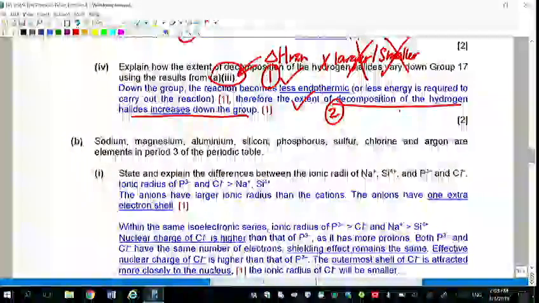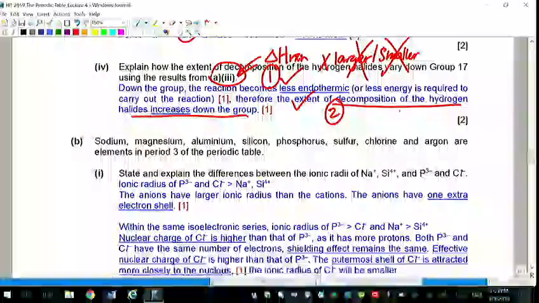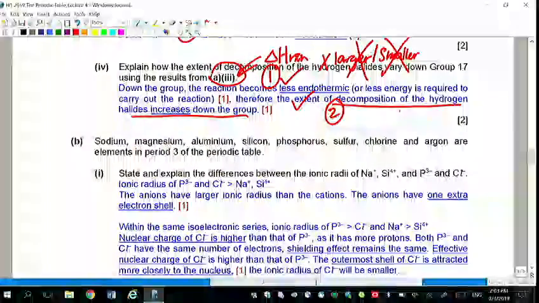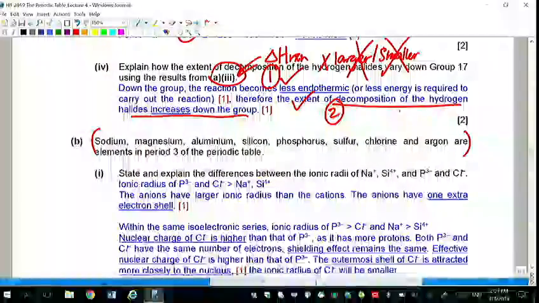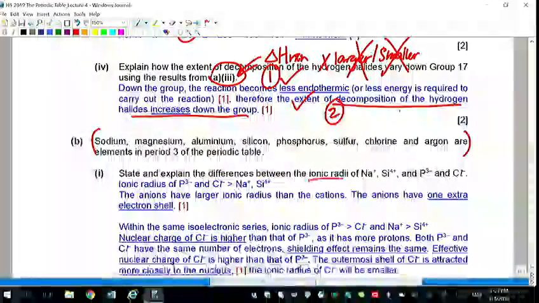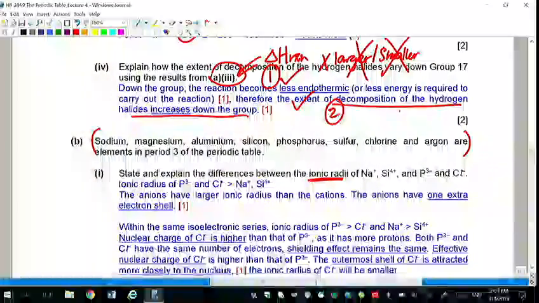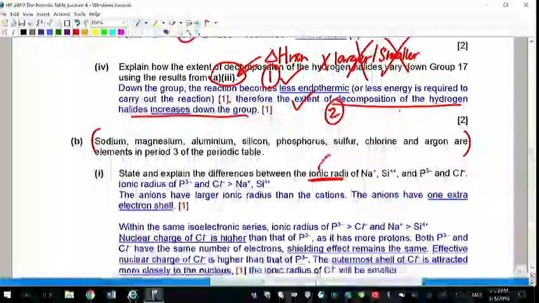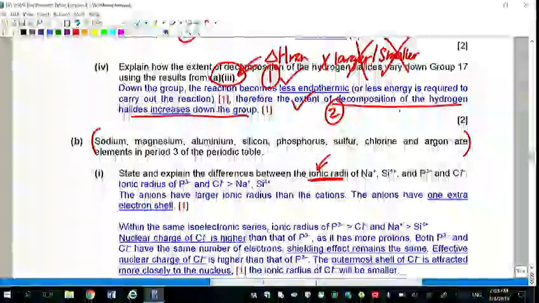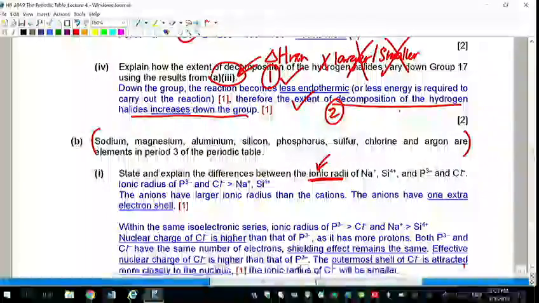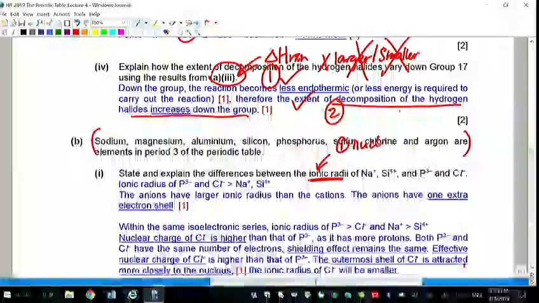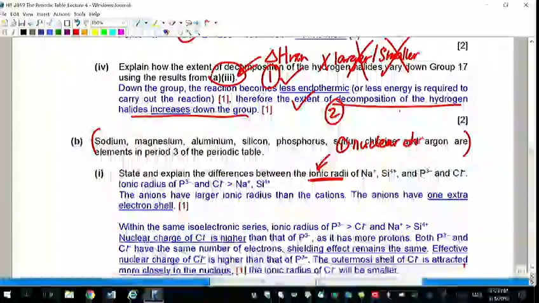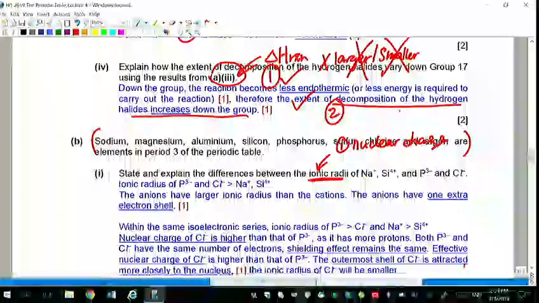Now, next part. You are comparing sodium, magnesium, aluminum, silicon, and so on, all these elements in period 3, and stating the difference between the ionic radius. So same thing, when I talk about the ionic radius, or atomic radius, things I always need to mention: number one, your nuclear charge, which will be linked to the number of protons.